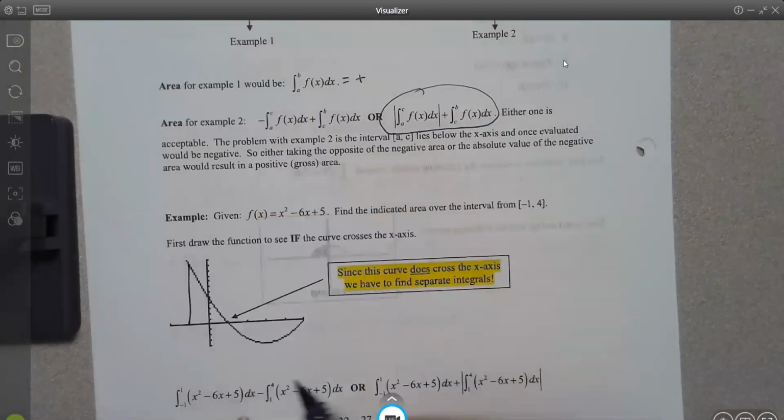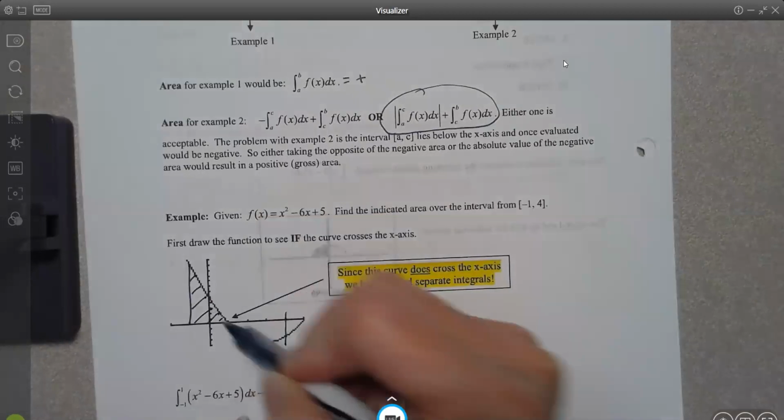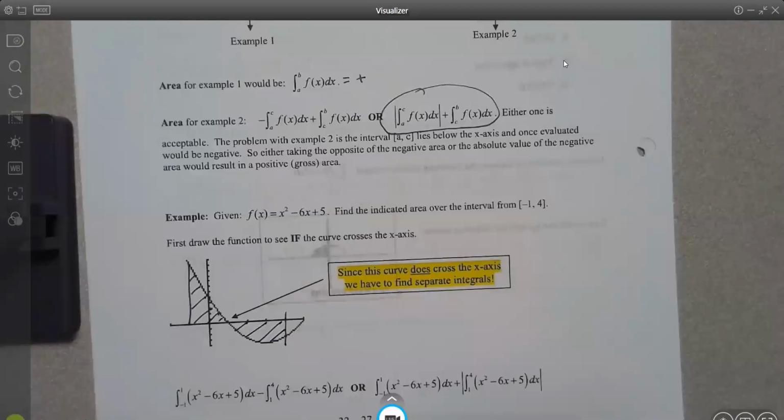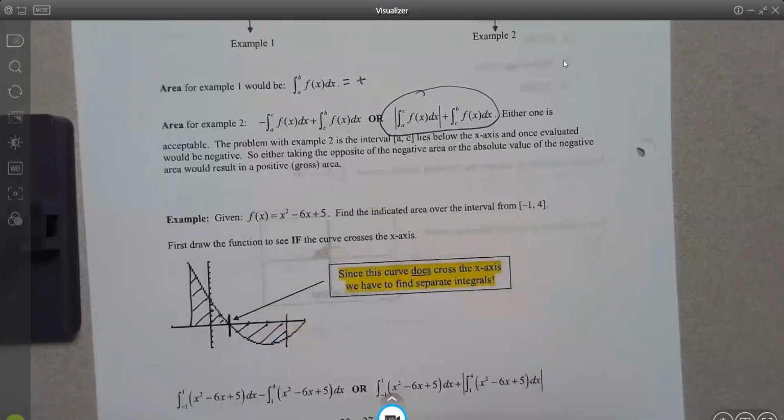This is what they want me to find, the area. I need to find this 0, and I think it should be 1, but remember you had to find zeros in the last section. So let me graph this.